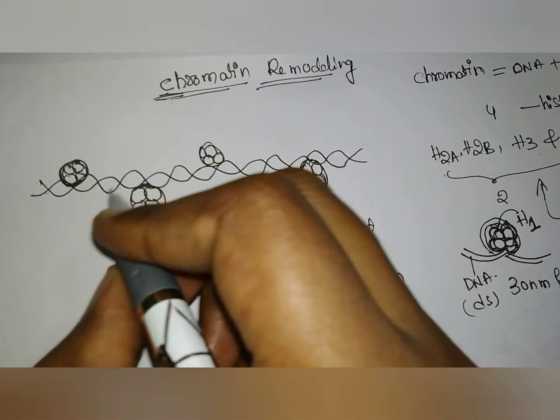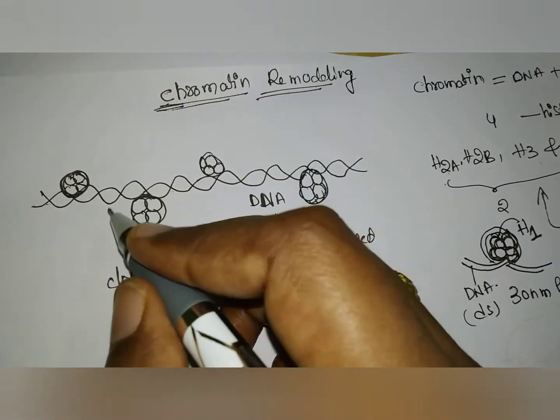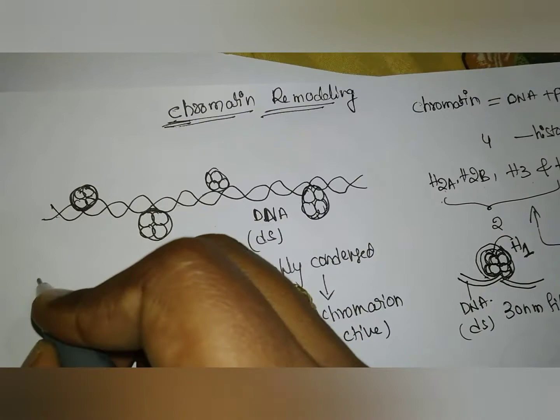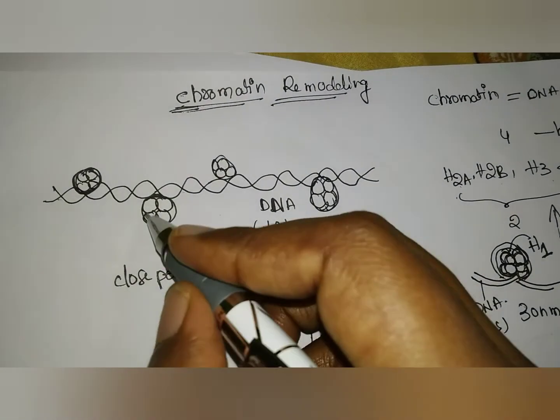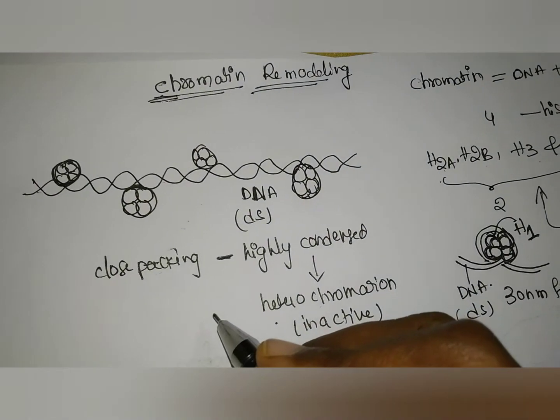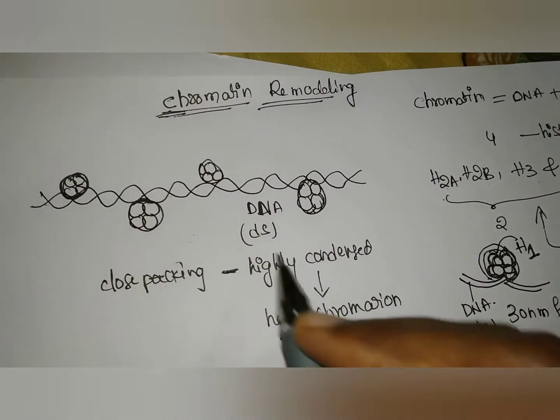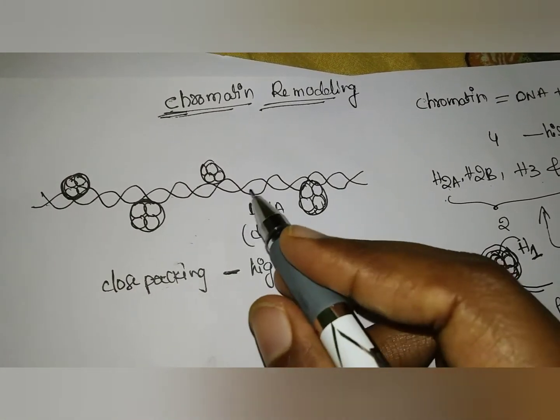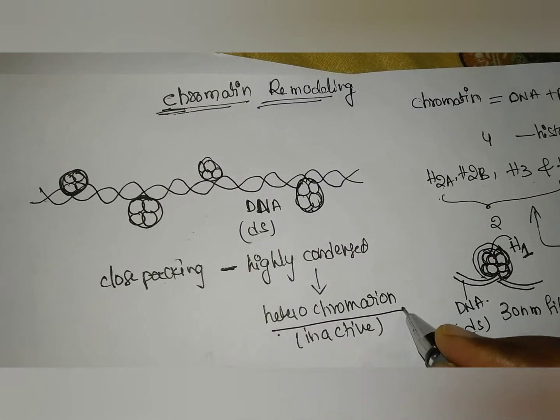How can we synthesize new strands? Here we have to separate the 2 strands. Then only will transcription take place, by a single template DNA strand to a new mRNA transcript. So this highly condensed, close packing of the chromatin DNA structure is called heterochromatin.